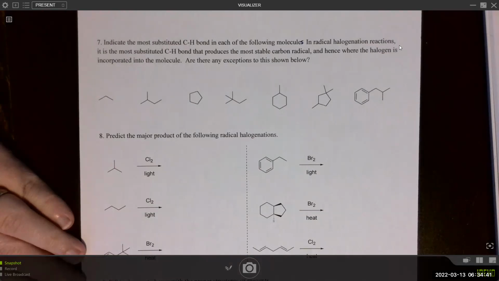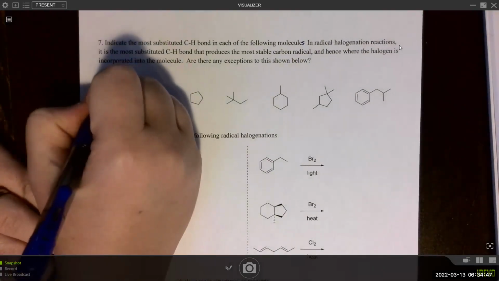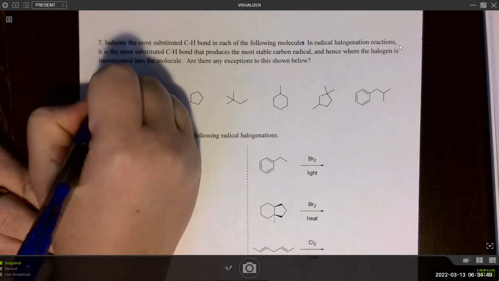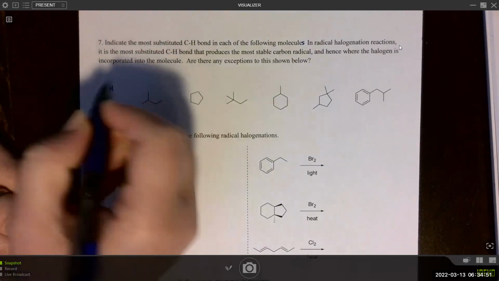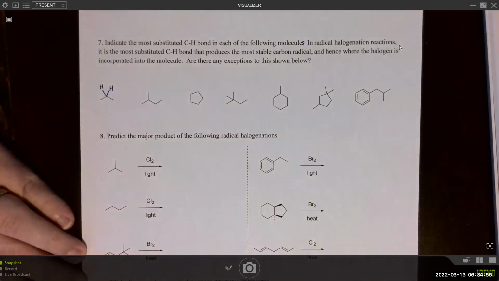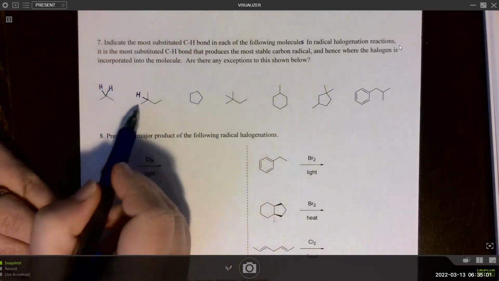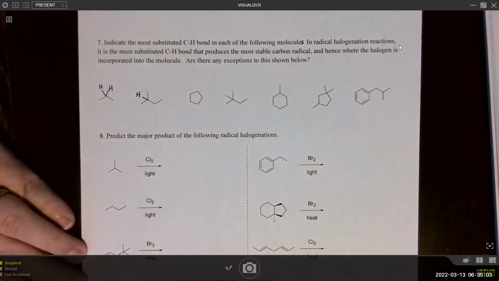Are there any exceptions to this shown below? So the most substituted CH bond would be one of the two secondary, right, is more substituted than primary. There's a tertiary position here, which would be the most substituted.